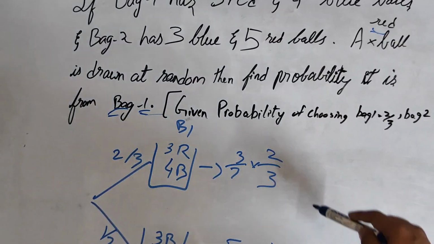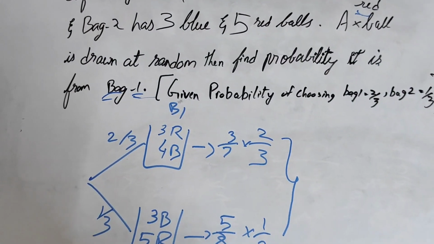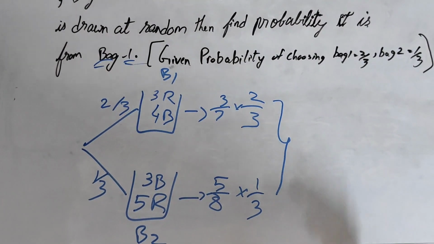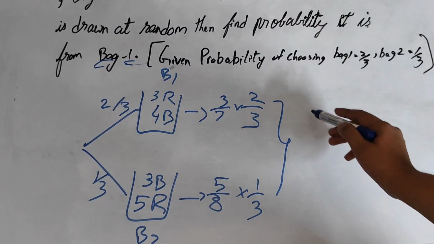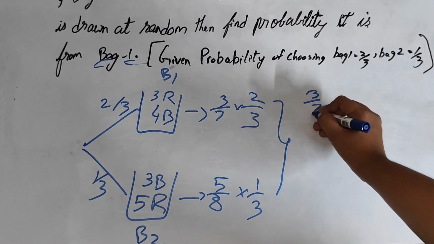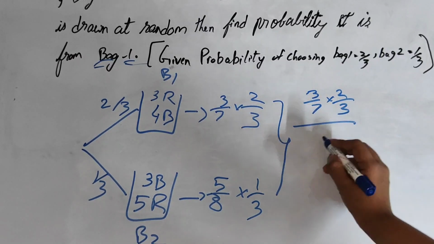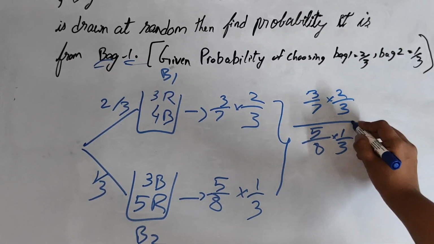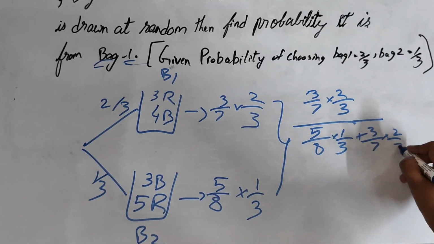Now to get it from bag 1, the probability would be 3 by 7 into 2 by 3, divided by 5 by 8 into 1 by 3 plus 3 by 7 into 2 by 3.